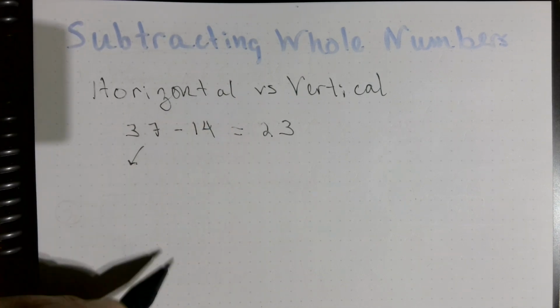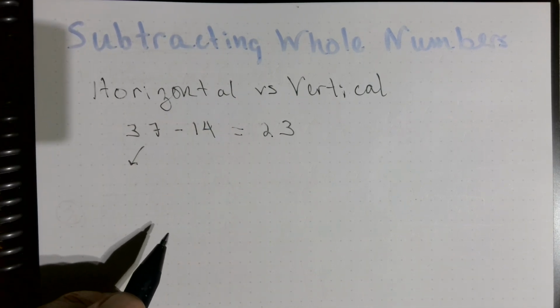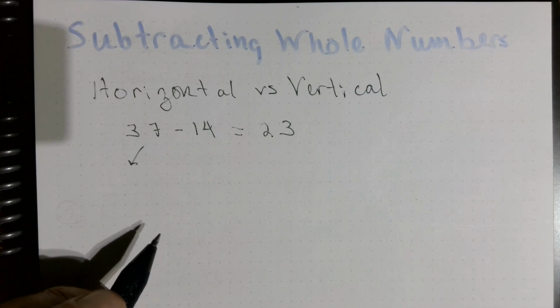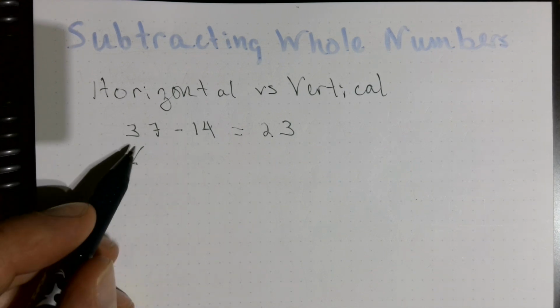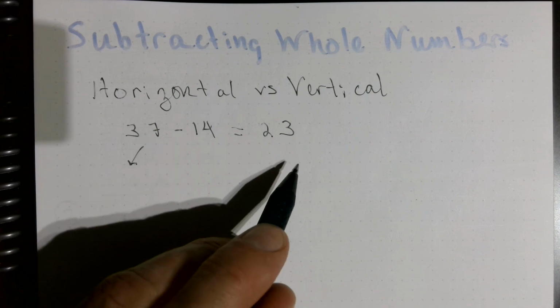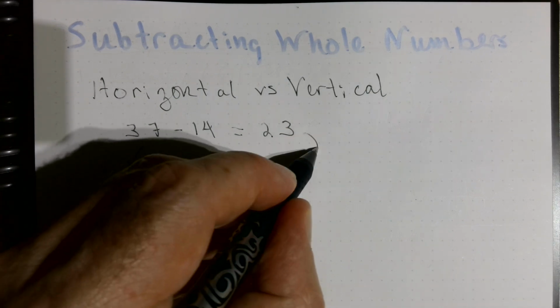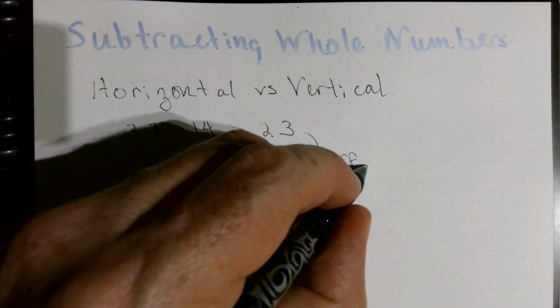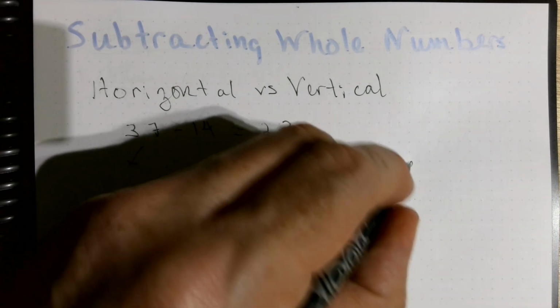Just to give you some quick lingo here, some vocab. When we were dealing with addition, both of the numbers involved in the process were called addends, and this was called the sum. When we're doing subtraction, the result of a subtraction is called the difference.